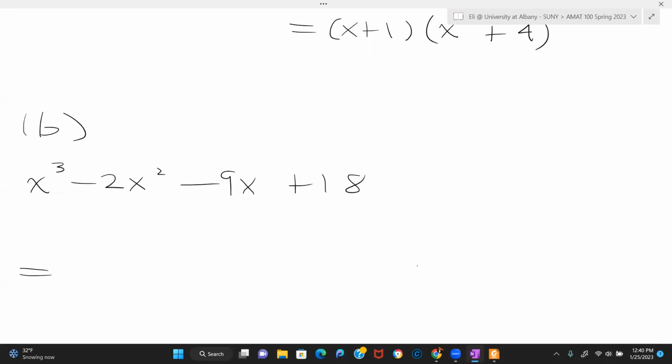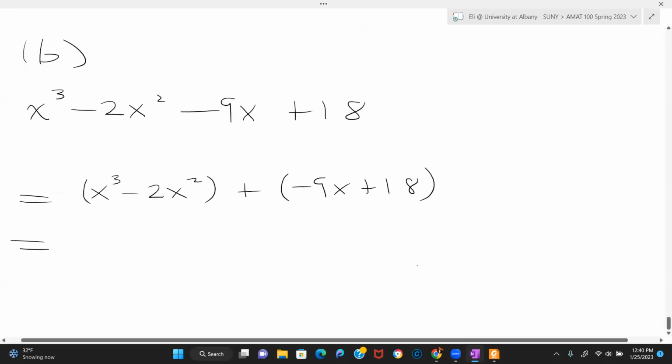So we're going to put the x cubed and the 2x squared together, and the reason we do that is because they have an x in common. And then we're going to put the negative 9x and the 18 together because they have a common factor of 9.